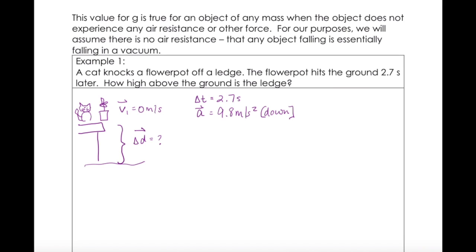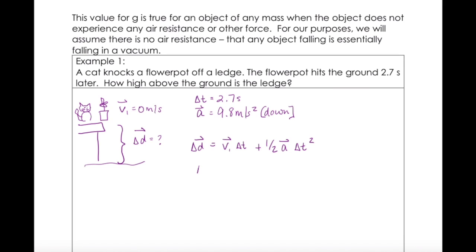We can set up our kinematic equation. We're going to use equation number 3, which is position equals initial velocity times time plus 1/2 acceleration times time squared.